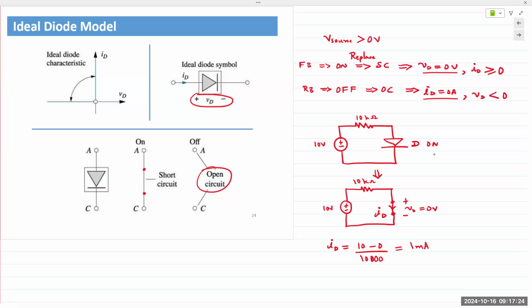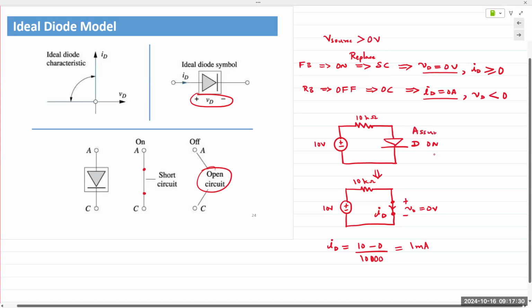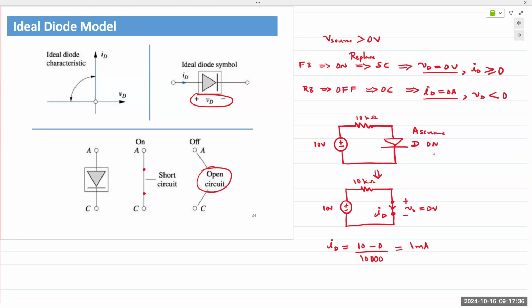My assumption is true, and it is valid. So I assumed the diode is on, and my assumption is verified. Okay. Let's take a pause. Let me know if you have any questions.